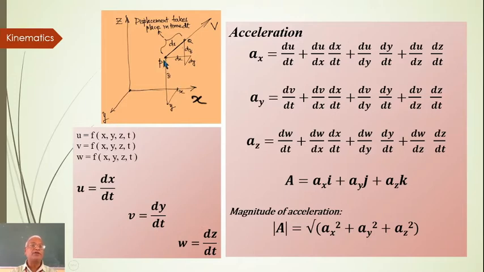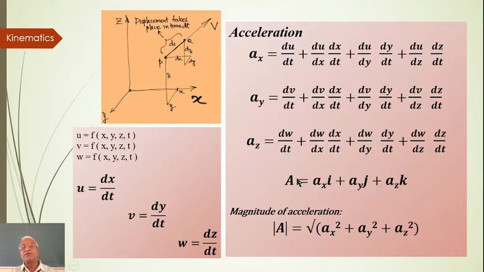The total velocity, you know that it is ds by dt, which is given by v is equal to ui plus vj plus wk. Acceleration components, already we have done this, which is given by ax equals du by dt plus du by dx into dx by dt because of chain rule. Similarly, other components you have already seen.